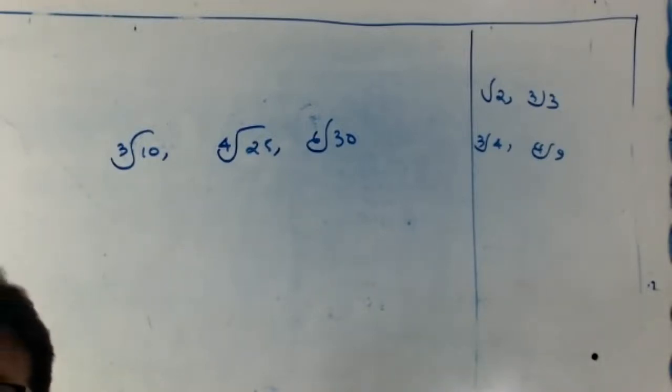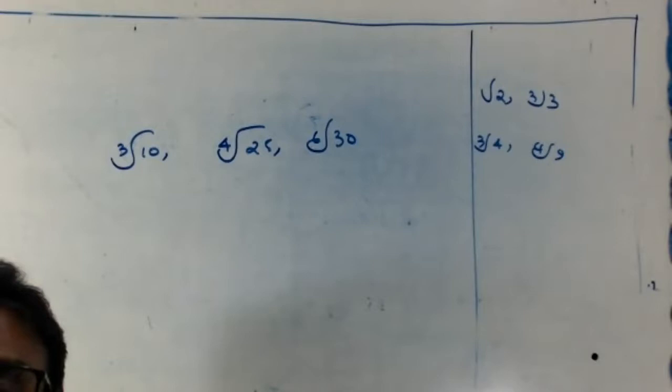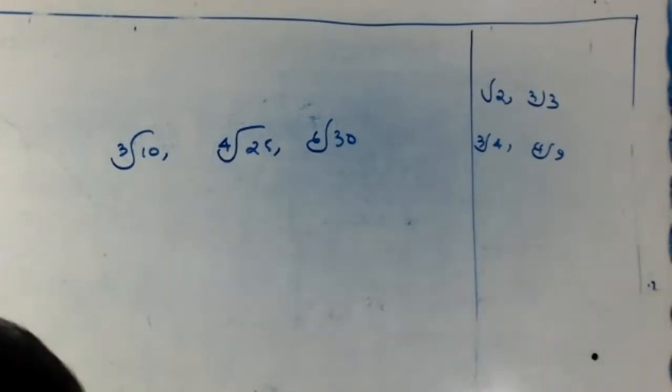What are you writing? Check what I just explained. Ascending order means you write the small one first, 1, 2, 3 like that.